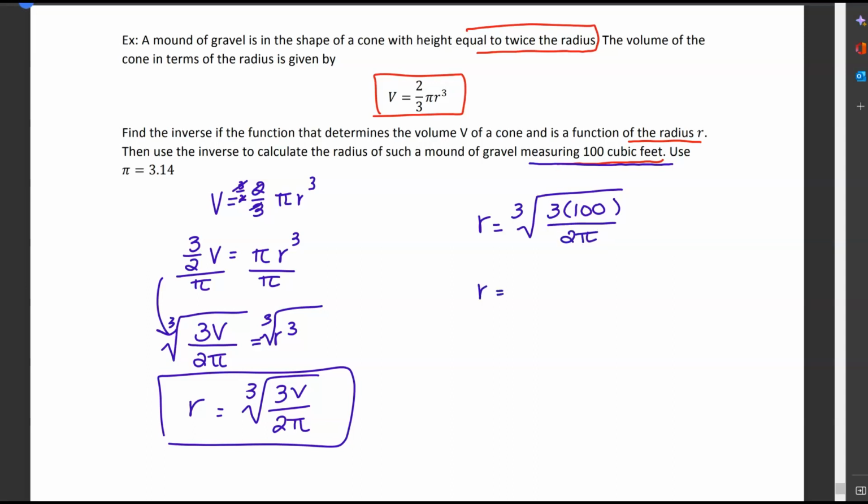Let's go ahead and plug that into our calculators. All right, and I got 3.627, and because we're talking about cubic feet in volume, this would be a radius of 3.627 feet. Okay.